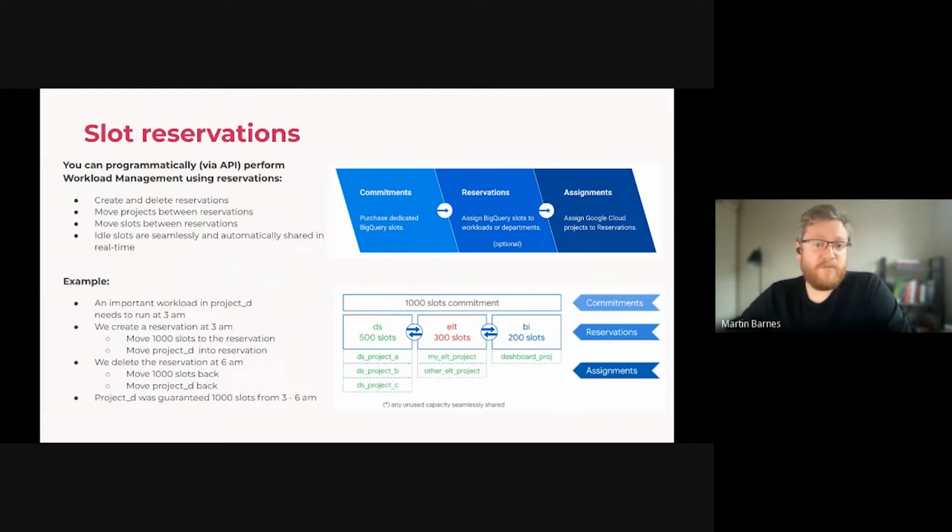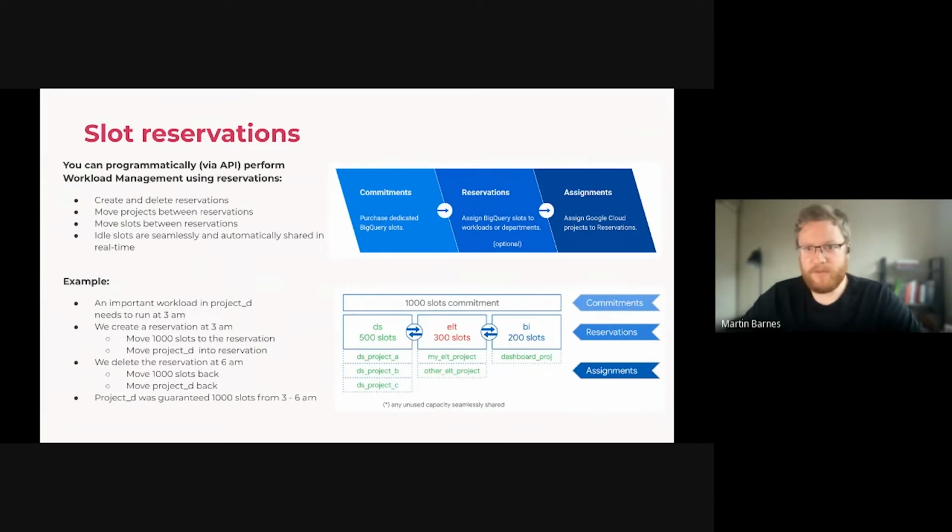They can be split up into reservations, which we'd recommend is usually based on your directorate or your specific use cases. And you assign those to projects within your GCP environment. So as we go through the life cycle of someone who uses BigQuery, you find that people need more guarantee, less crossover of resource usage, and they then leverage slot reservations really to handle this use case.